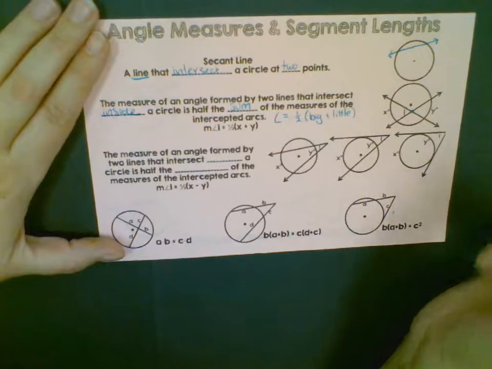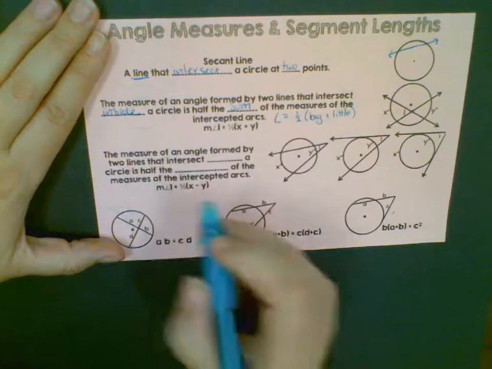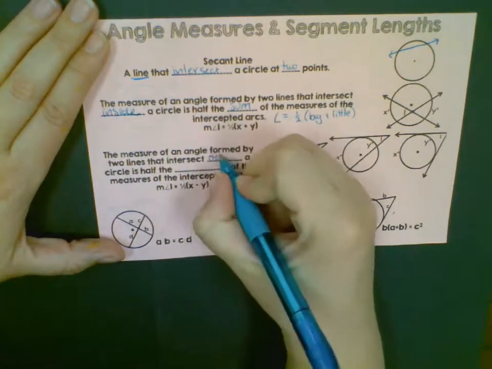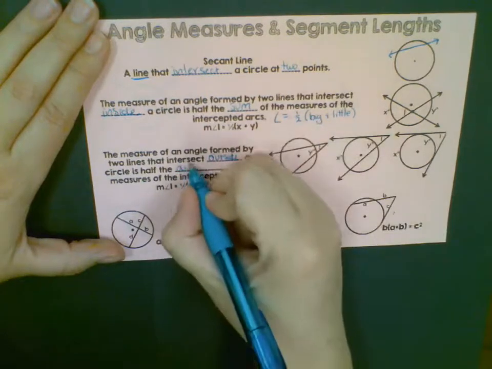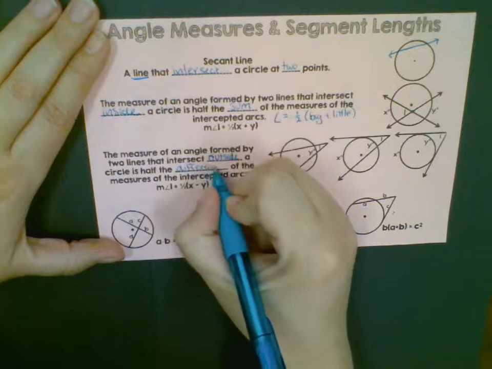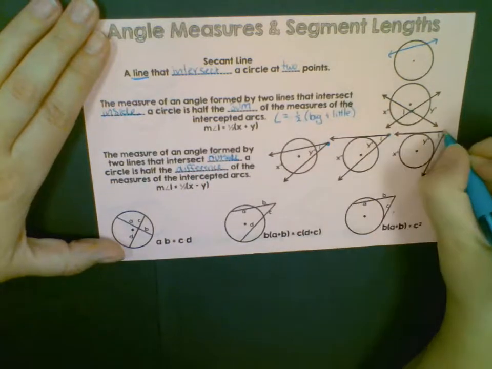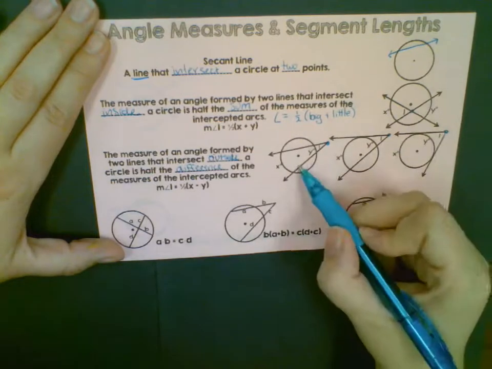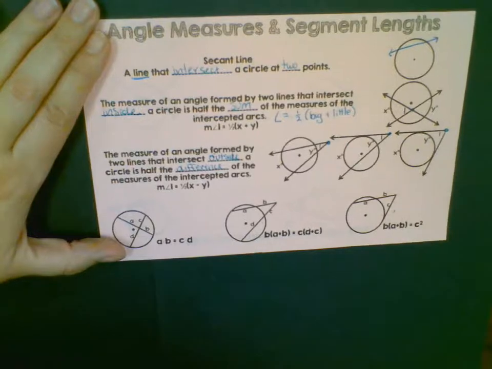So for the next one, it says that the measure of an angle formed by two lines that intersect outside a circle is half the difference. So this time we're going to subtract. As you can see, those lines are always going to meet outside, whether it's two secant lines, a secant line and a tangent line, or two tangent lines.